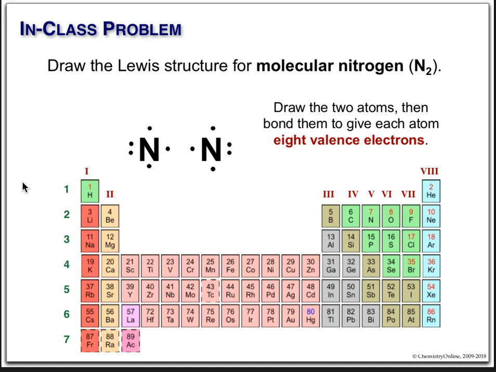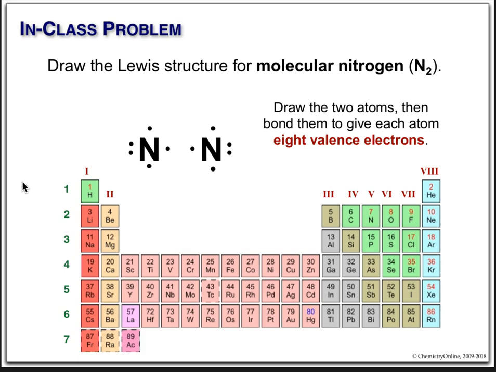All right, so here we go. We have our two nitrogens, right? We put 5 electrons around each one. Okay, now, if we put these together, right, obviously, we can make a bond between those guys, right? That's simple.